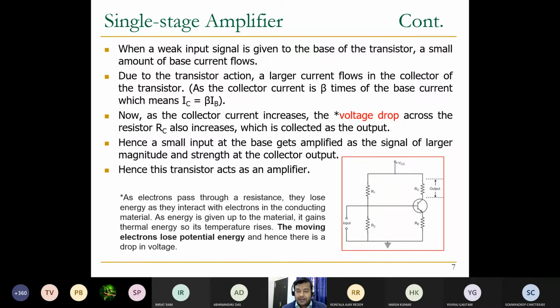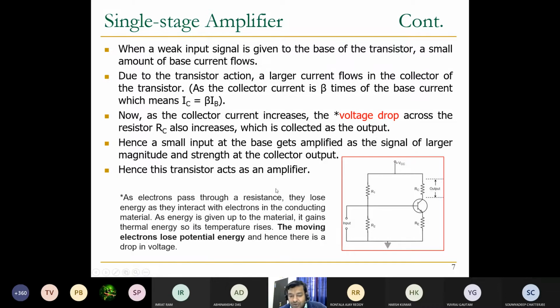So now, as you already know, what is voltage drop? Again, I would like to repeat it. As electrons pass through the resistance, they lose energy as they interact with electrons in the conducting material. Conducting materials have their own setup.